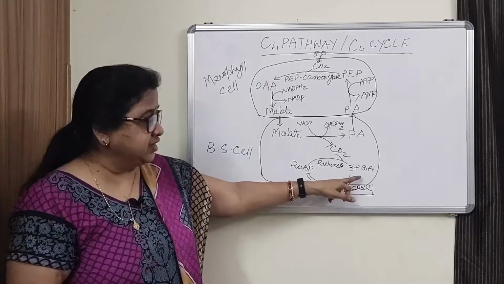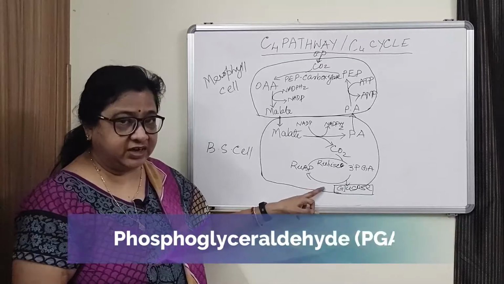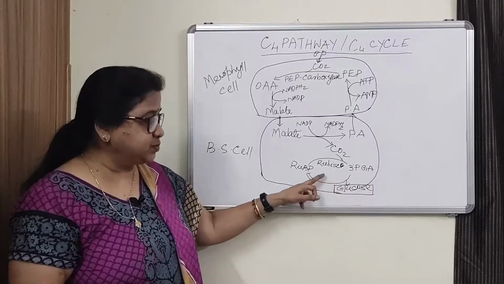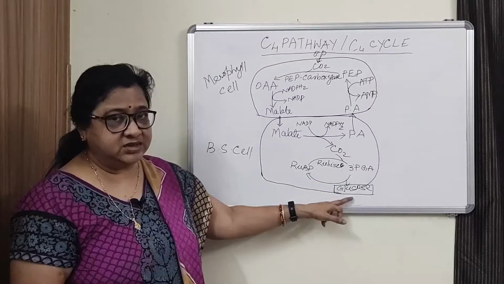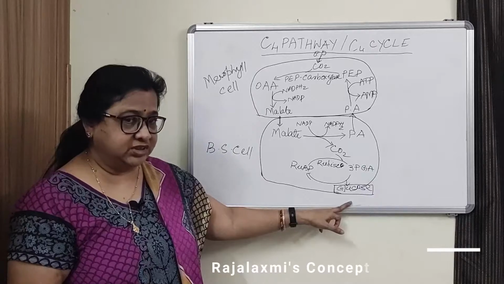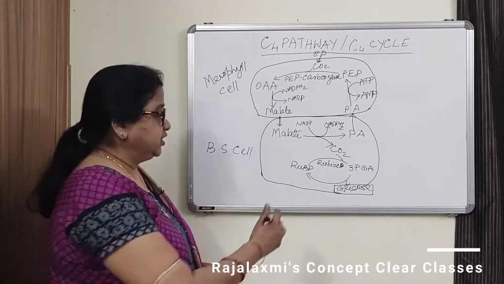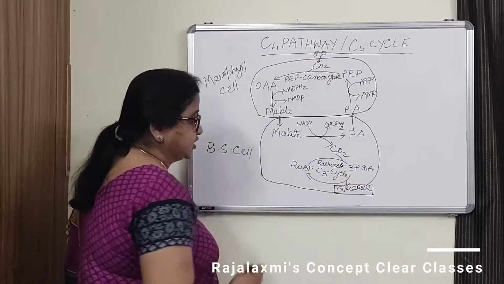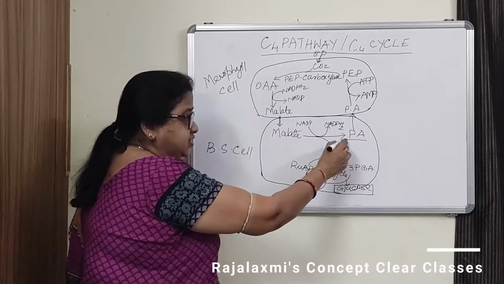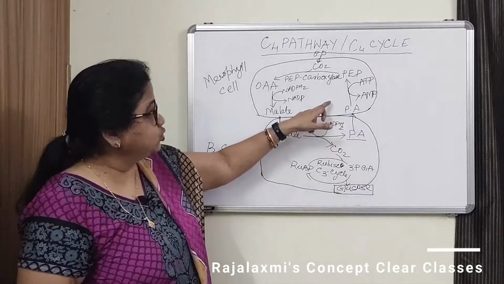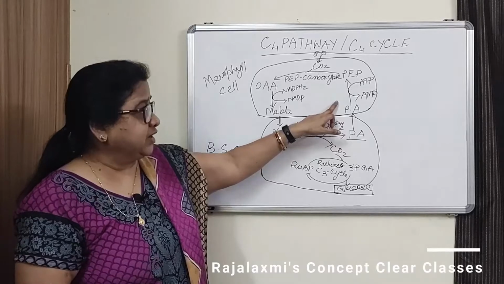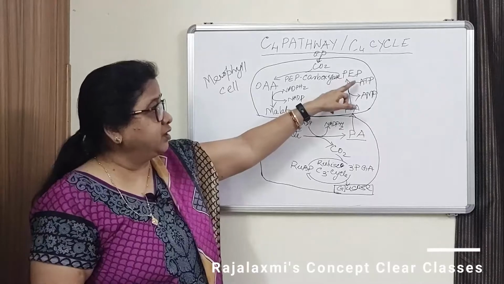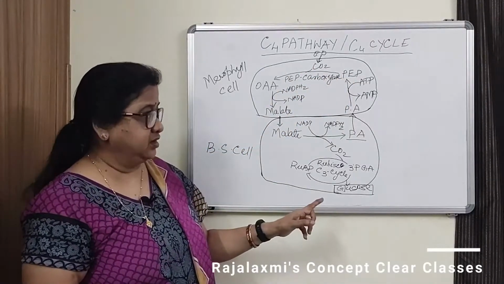Phosphoglyceric acid is then reduced to phosphoglyceraldehyde and regenerates RuBP, and during this process a glucose molecule is synthesized, which is the photosynthetic yield. So here the C3 cycle takes place, and the pyruvic acid is again diffused to the mesophyll cells, and with the help of ATP it is converted into phosphoenol pyruvate to continue the cycle.